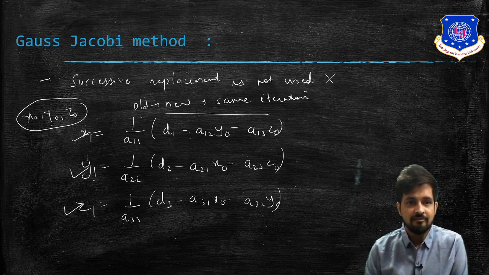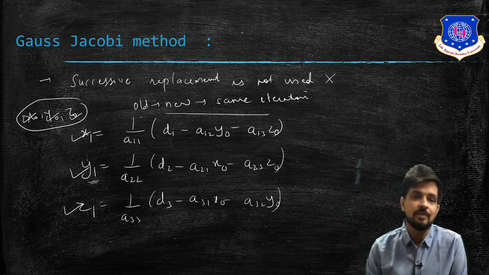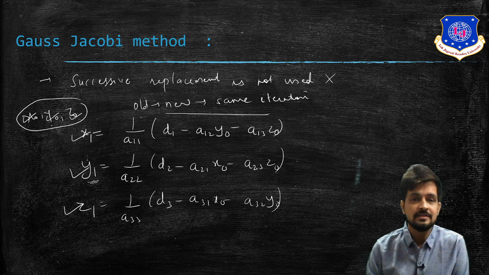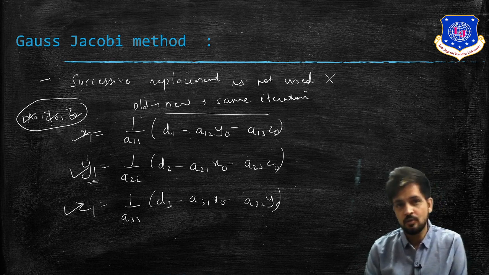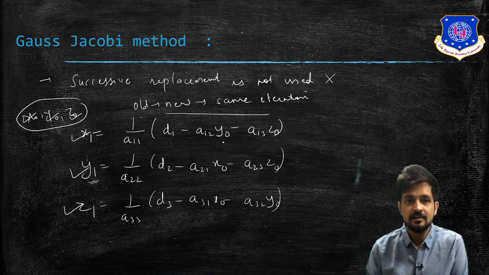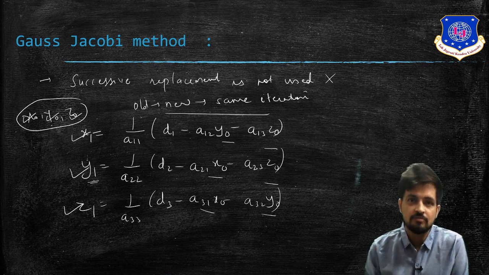While finding y1, we are taking x0. Though we have already found x1, we are not taking x1. We are taking the old values, not replacing them by new values. So this is the basic difference in the formulas of Gauss-Seidel and Gauss-Jacobi. As successive replacement is not used, it will take more time to converge.